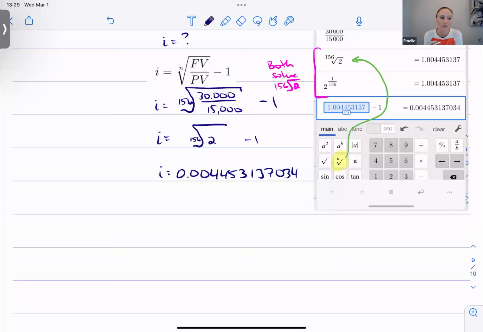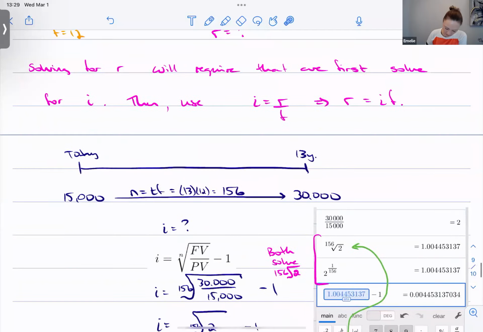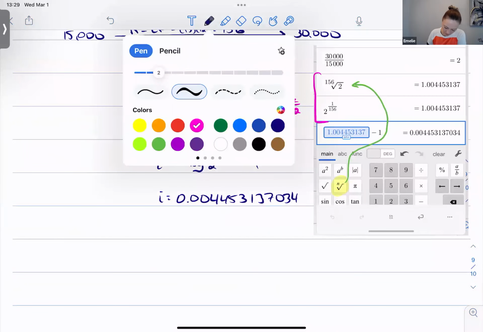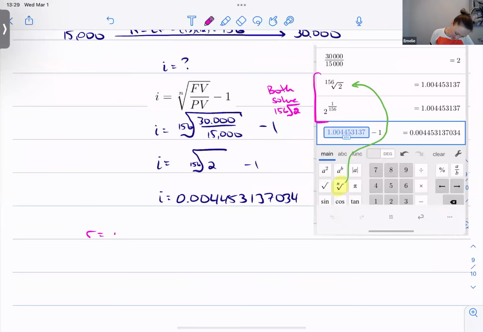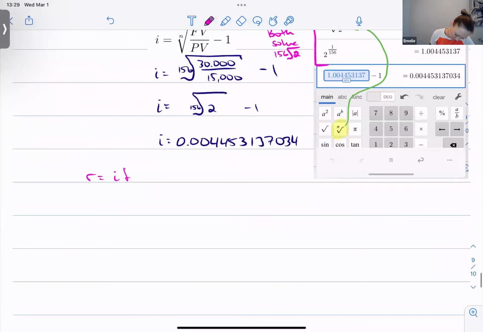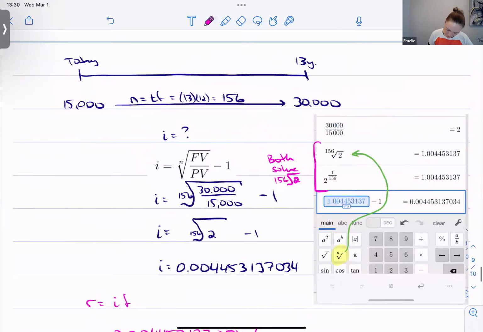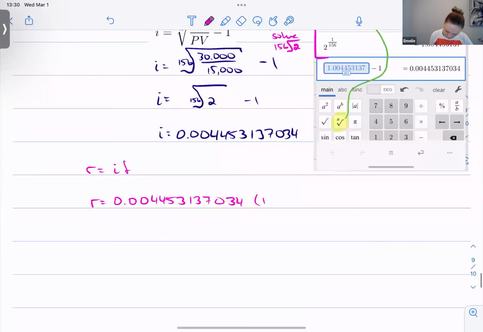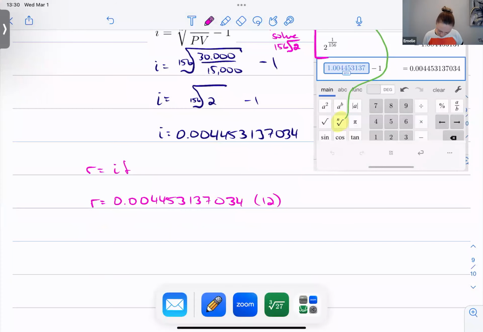Okay, but that wasn't the question. We wanted to solve for R. Luckily, we have I and we have F. And so now we can solve for R is I times F. So R is 0.004453137034 times the frequency, which was 12.